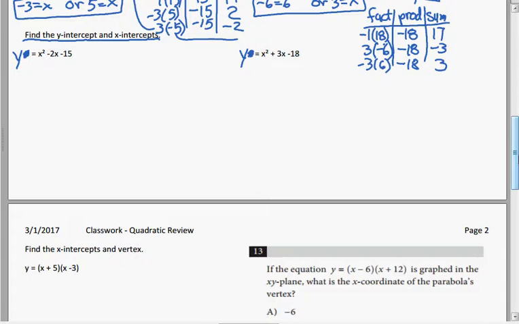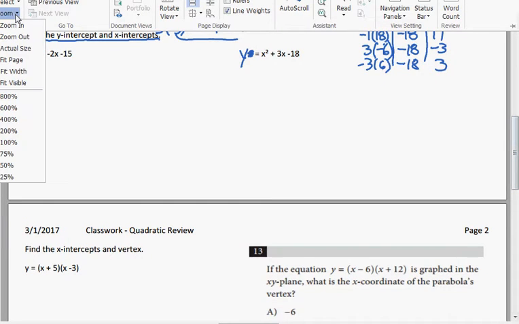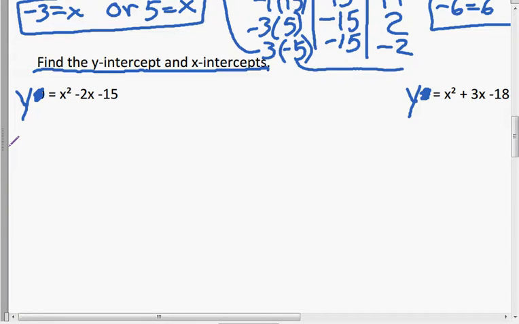So the y-intercept is really pretty easy. First of all, when you have the y-intercept, x is 0. So if I want the y-intercept, I say y equals 0 squared minus 2 times 0 minus 15. 0 squared is 0. 2 times 0 is 0. 0 minus 0 is 0.